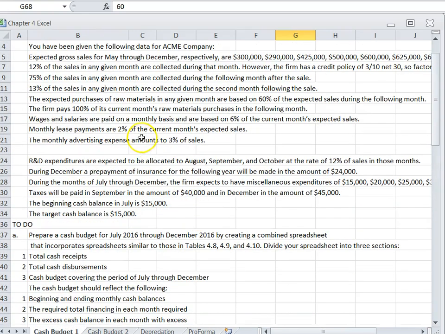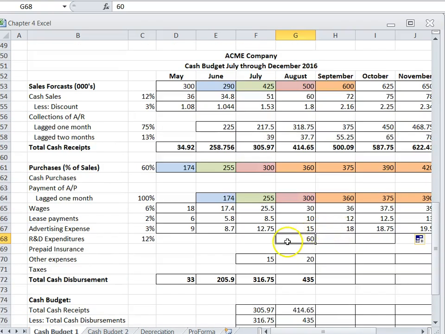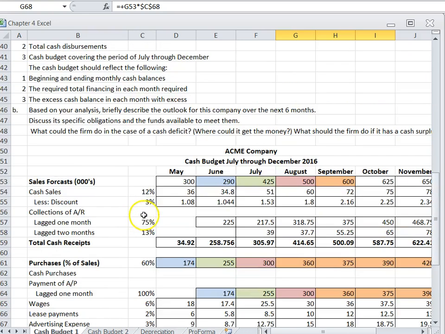August, September, October, 12% of sales in that month. Okay. So here I'm going to take the sales of the month multiplied by 12%, and we're doing that for 3 months. Again, lock down the percentage so I can just quickly drag this across. Okay. That's taken care of.